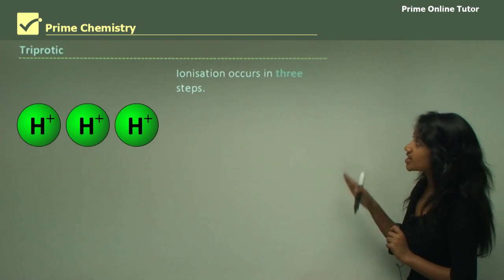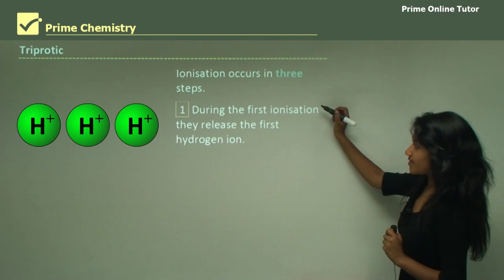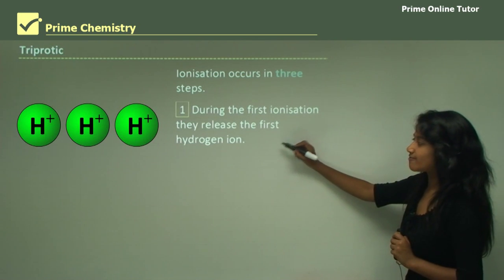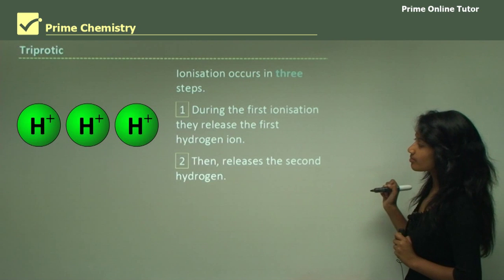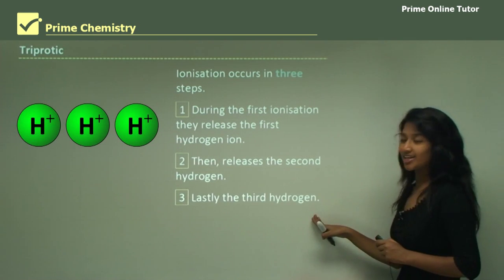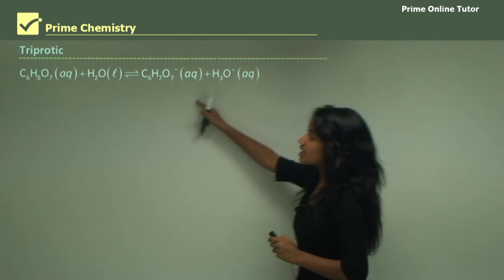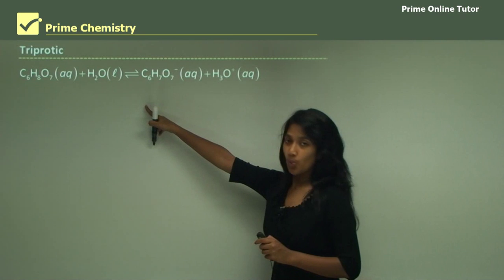Now the ionization, however, happens in 3 steps again. During the first ionization, they release the first hydrogen ion, then release the second hydrogen ion, and lastly the third hydrogen ion. We'll look at this in steps. Here we have citric acid reacting with water.